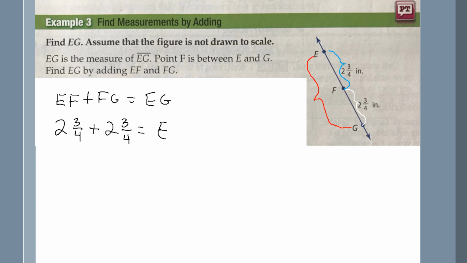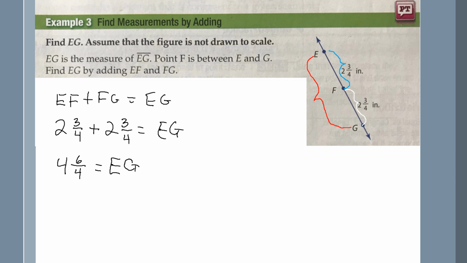Now, we would take and add these values. 2 plus 2 is 4. 3/4 plus 3/4 is 6/4. And that's equal to, excuse me, EG. I don't have my G here. There we go. So this is equal to EG.